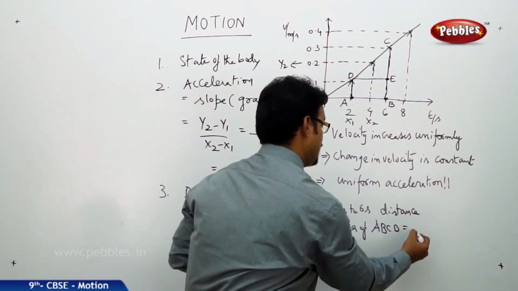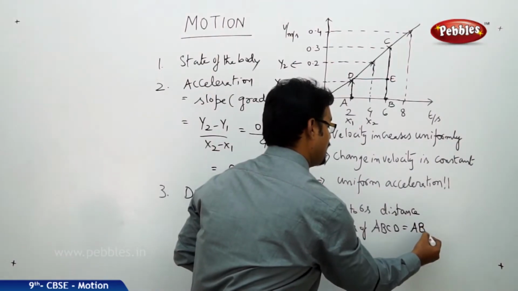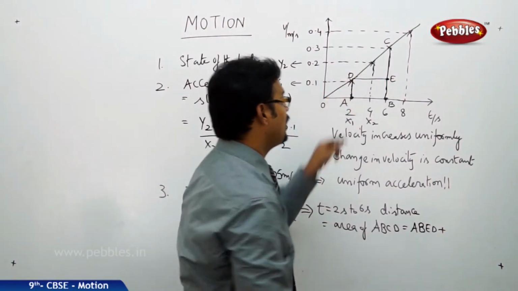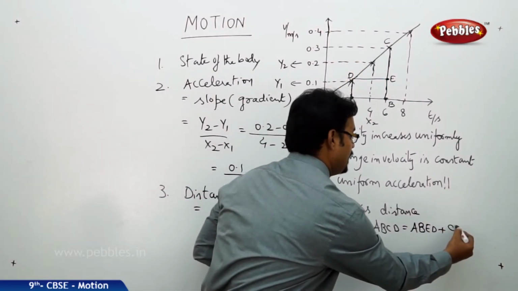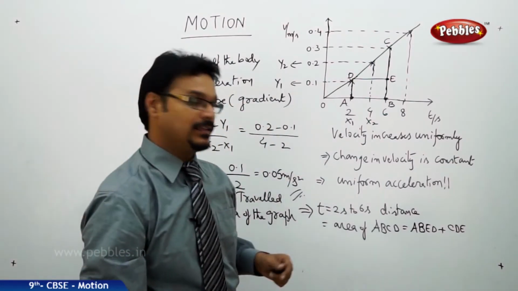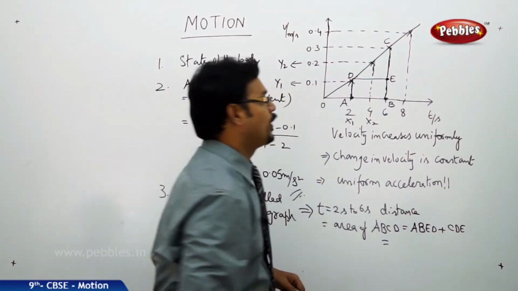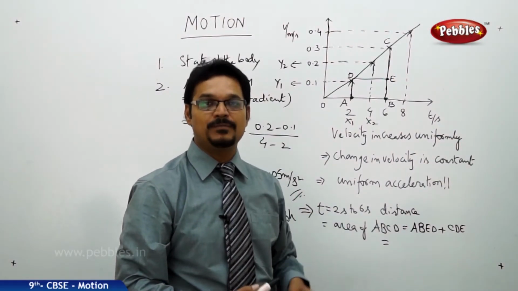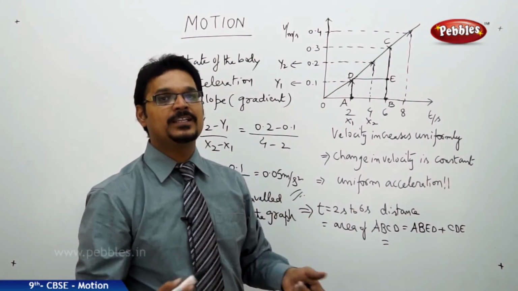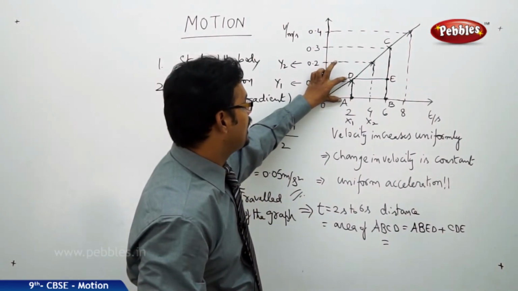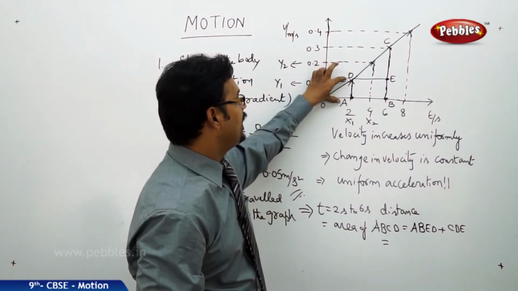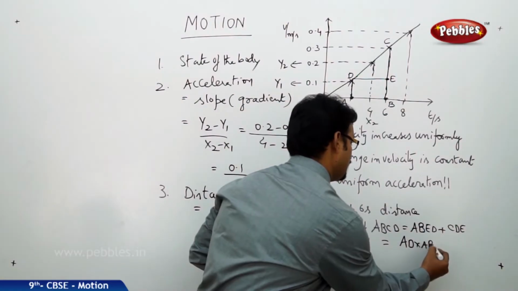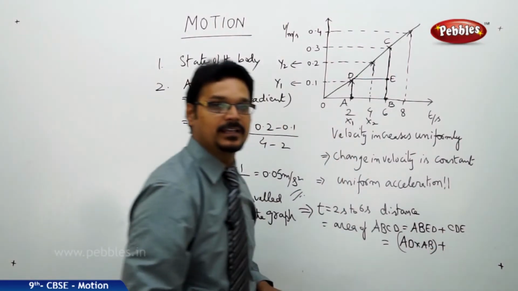So rectangle ABED area plus area of CDE triangle equals, okay, it's very simple. Rectangle area is what? If L is the length and B is the breadth of the rectangle, the area is length into breadth. And here, length, breadth, AD into AB. So AD into AB. This is the area of the rectangle.